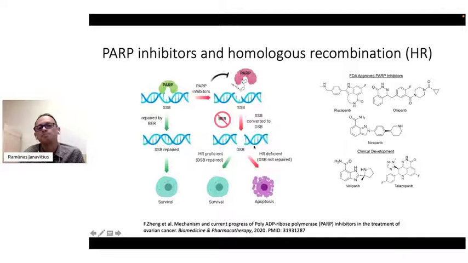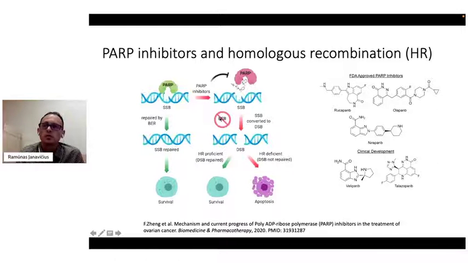Where we have germline mutations together with somatic mutations, we have complete inactivation of those genes, and if we inhibit PARP in those cells, they experience very high genomic instability and cannot proliferate. Therefore, they enter into an apoptotic state and programmed death.